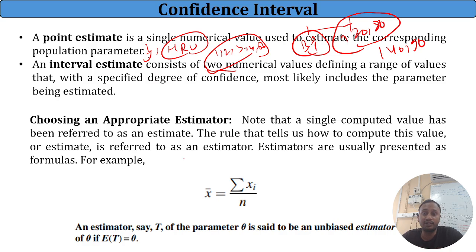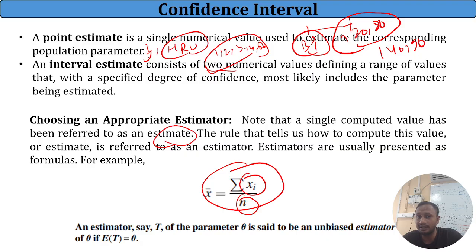For that, it's very important to know that we have to use an appropriate estimator. Note that a single computed value is referred to as an estimate, and the rule that tells how to compute this value is the estimator. Similarly, we have the population, the number of values and the corresponding values of xi. So this is going to be the estimator for a mean.